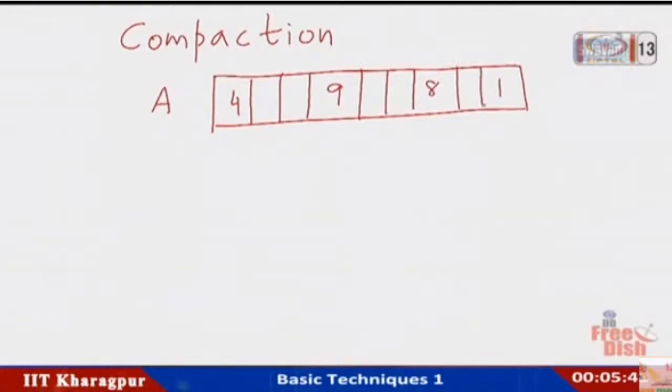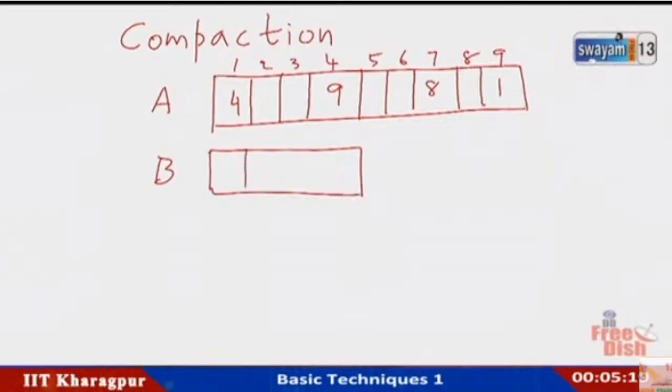Let us say we have an array like this in which only locations 1, 4, 7 and 9 have useful elements. So this is the input to the algorithm. We want to compact A into an array B in which all the useful elements will occupy consecutive positions.